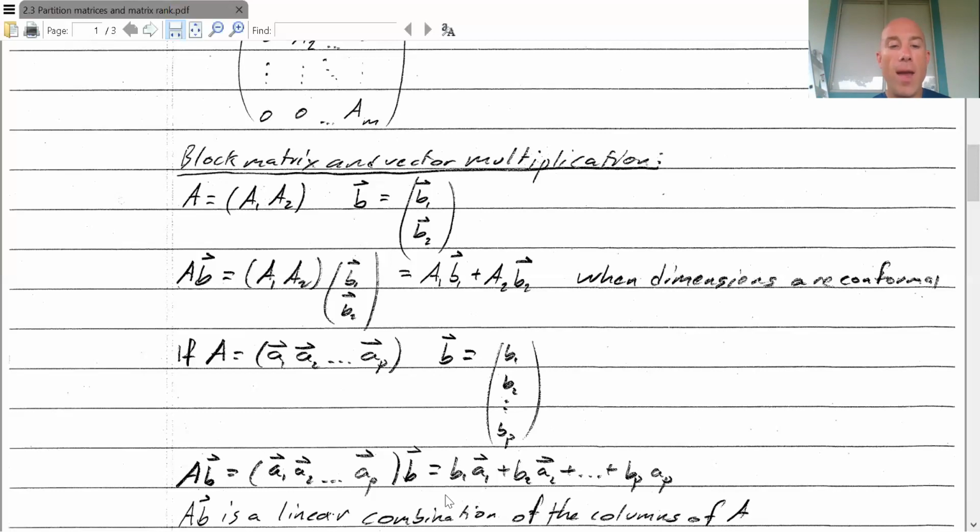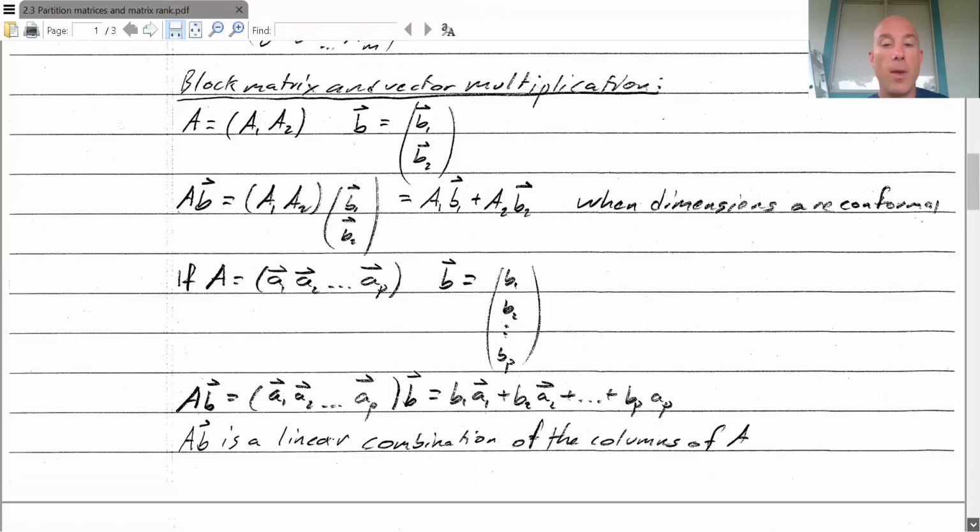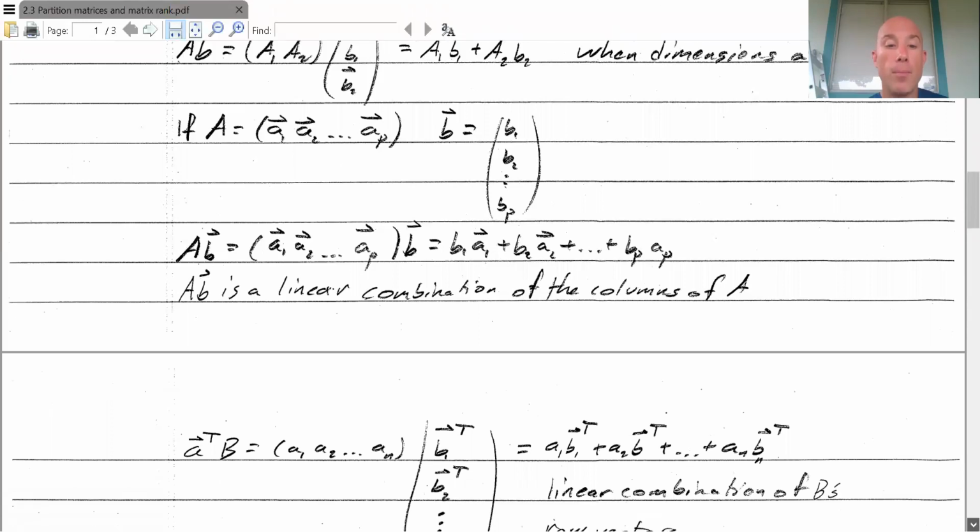And so we can see that anytime I have a matrix multiplied by a vector, we get a linear combination of the columns of A. This will become very important in a moment.